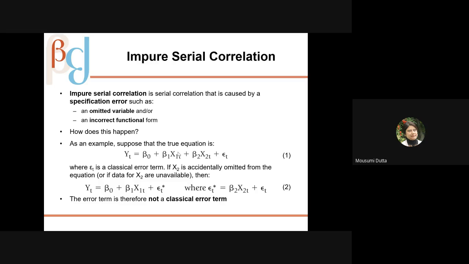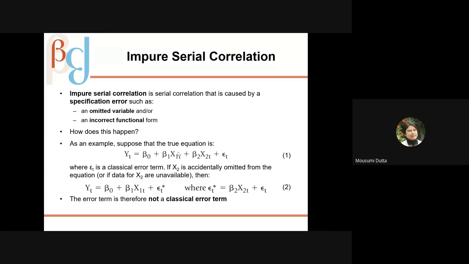All of you are familiar with these two terms: omitted variable bias, or regression with an important omitted variable, or regression with incorrect functional form. And in your practical class, you learned how to detect whether there is any omitted variable or not using the OV test. And you also know how to test whether your presentation of the model is incorrect or not. At least to some extent, you now know how to detect all these things.